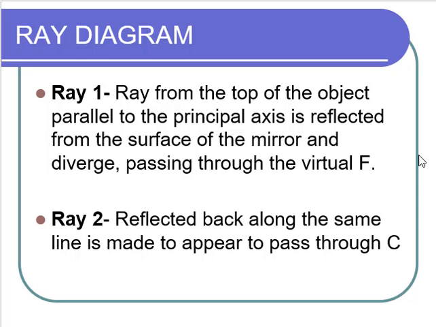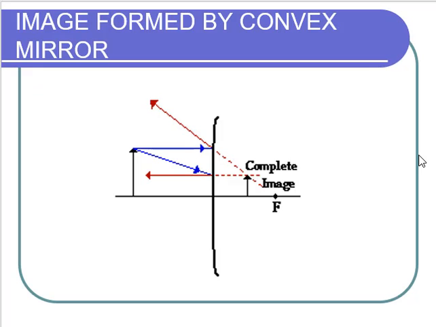So you have ray 1 from the top of the object parallel to the principal axis is reflected from the surface of the mirror and diverge, passing through the virtual F. The virtual F is located on the other side of the mirror. And then next, it's reflected back along the same line, made to appear to pass through C. Let's take a look at this.